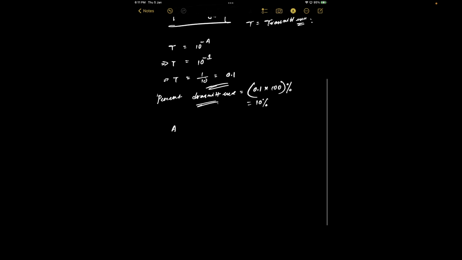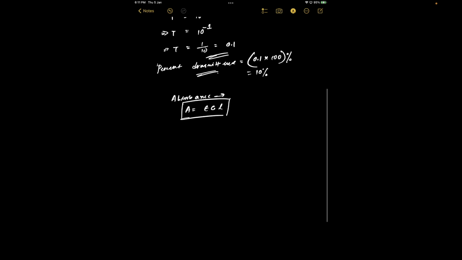So absorbance A equal to epsilon c l. So epsilon is actually the molar extinction coefficient. So this is a constant, and c is the concentration of any particular salt in solution, and l is the path length of the cell.